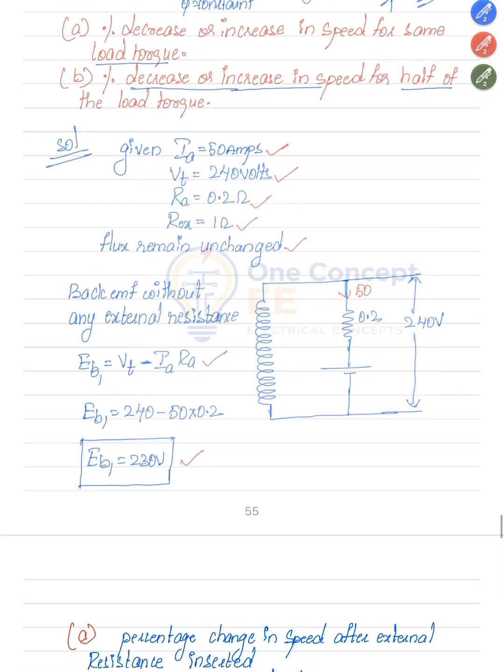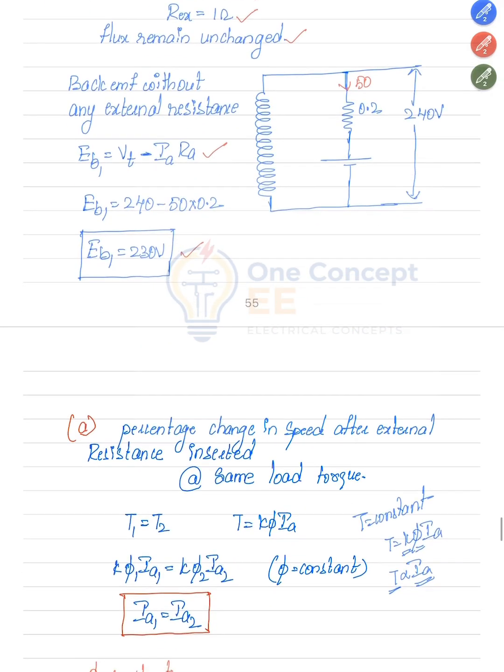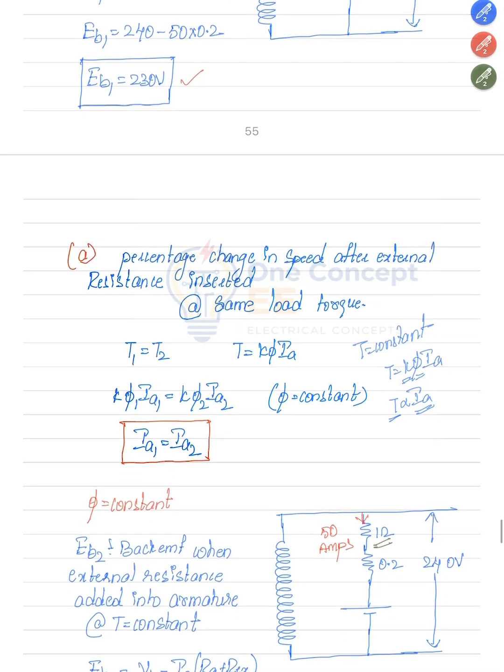Ia1 is here 50 amps. Without adding external resistance, the armature current is 50 amps. After adding external resistance also, the armature current is 50 amps only, by this equation.